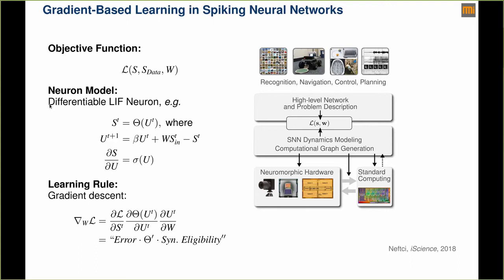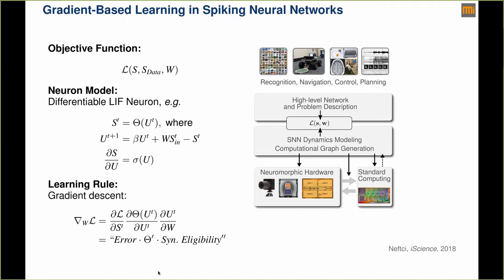In this case, we're going to use the leaky integrate-and-fire neuron as a neuron model, just as I've shown you earlier. We're going to take, as I'll briefly explain, a differentiable variant of this neuron. And ultimately, the learning rule is going to be based on gradient descent, which, given the objective function and the neural model, which is differentiable, we can compute. We just take the gradients of the loss function.